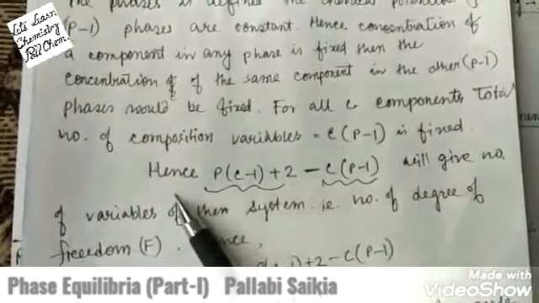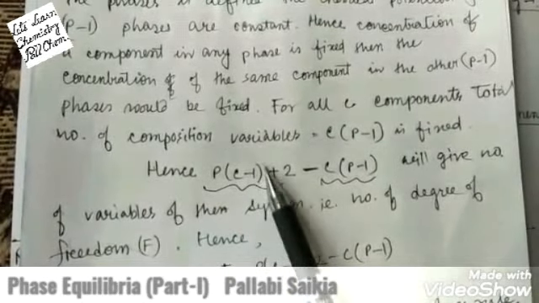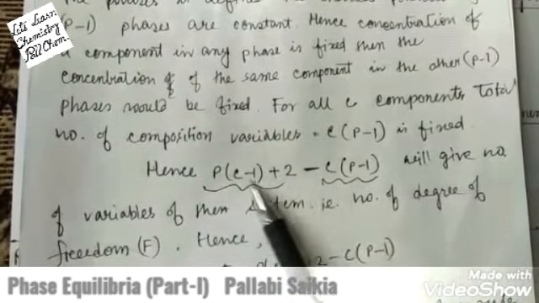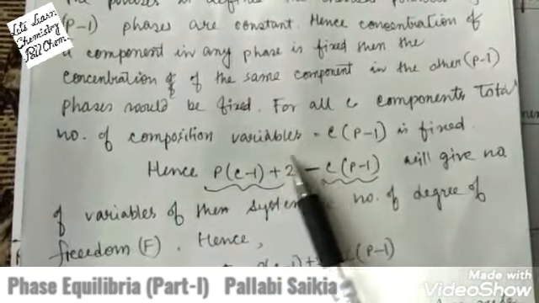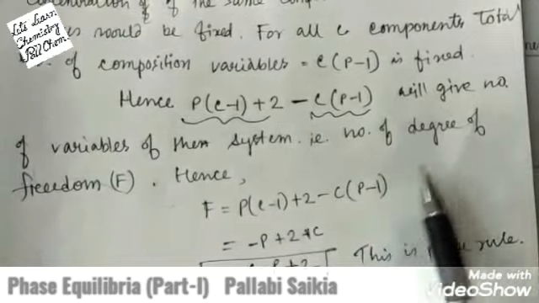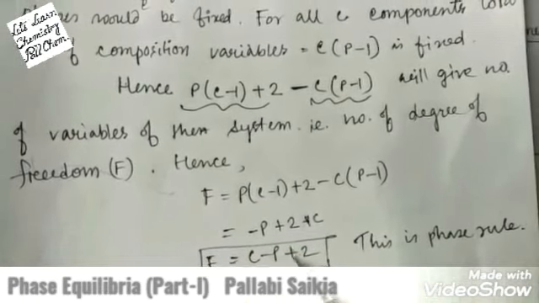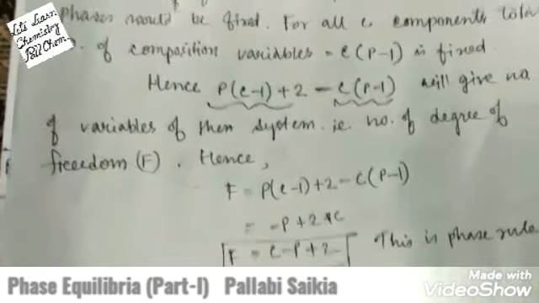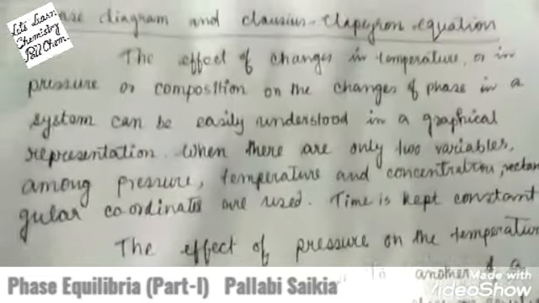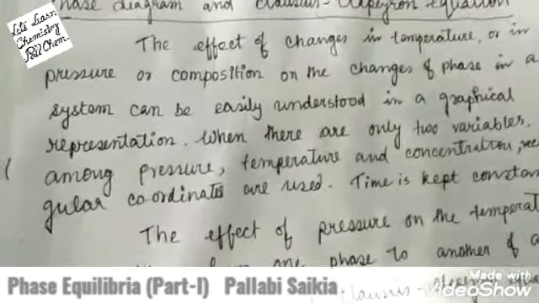Composition 1 is fixed, C minus 1 is variable. So the total number of phases is P. That's why we are multiplying P into C minus 1. And plus 2 is the temperature and pressure. So it will be P into C minus 1 plus 2 minus C into P minus 1 equal to C minus P plus 2. That is the phase rule. Now phase diagram and Clapeyron equation.